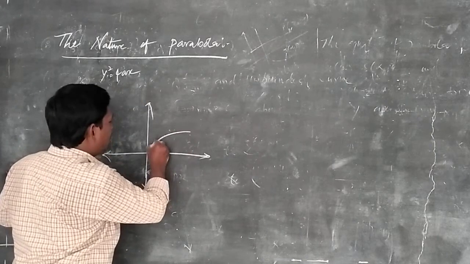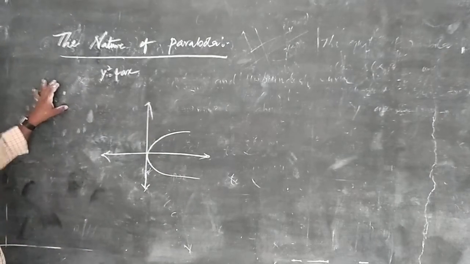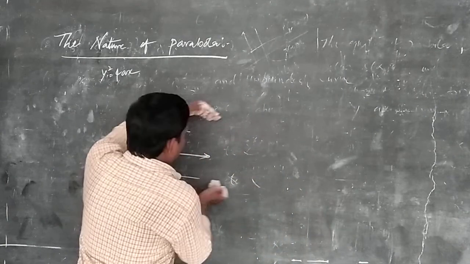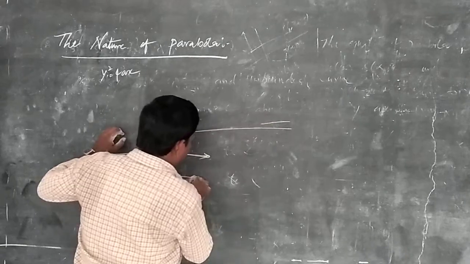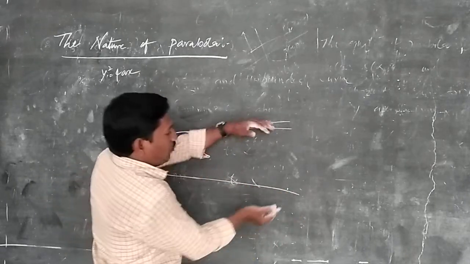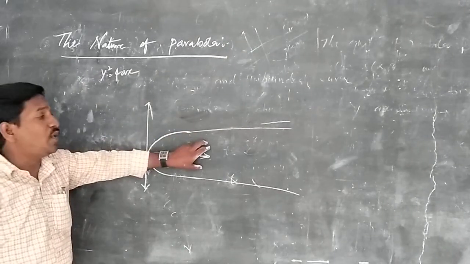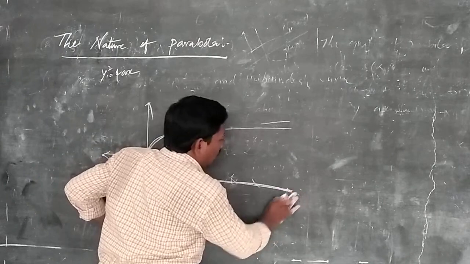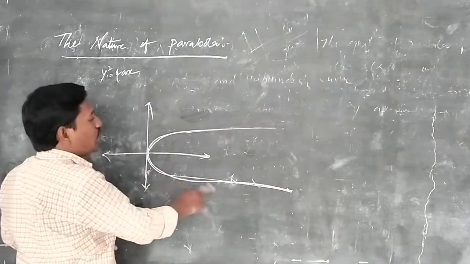This is the shape of the parabola y square equal to 4ax. The first point is that the parabola is endless and unbounded. Endless, there is no end. And unbounded, there is no bound.